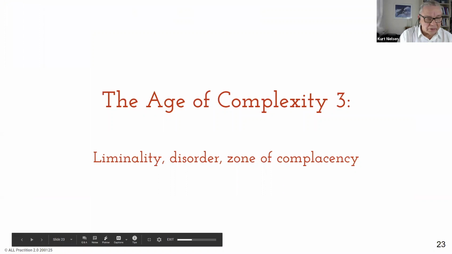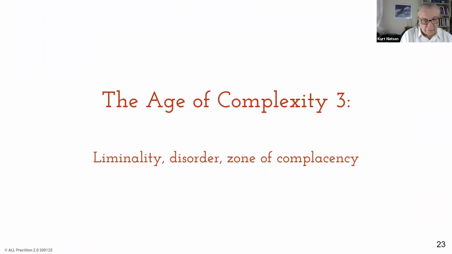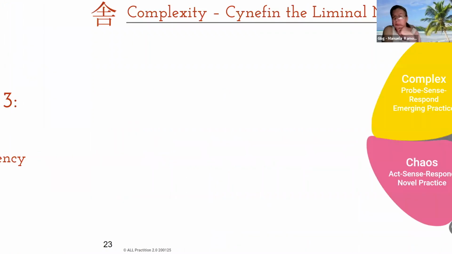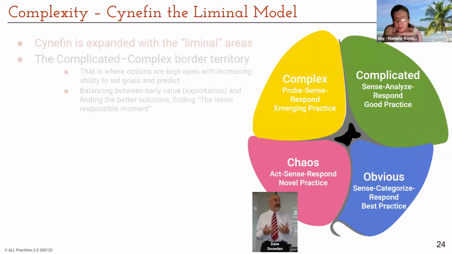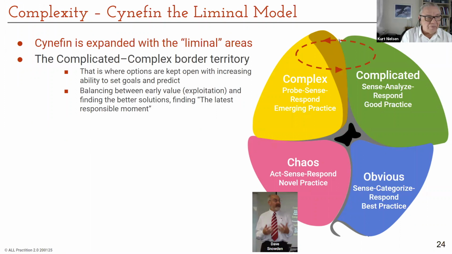So to some of the more exotic things, and some of the things that Snowden recently has introduced, let's talk a little bit about that. We now have what he has called liminal areas, and he's drawn it in different varieties. Here is an example, the dark yellow or brownish part.